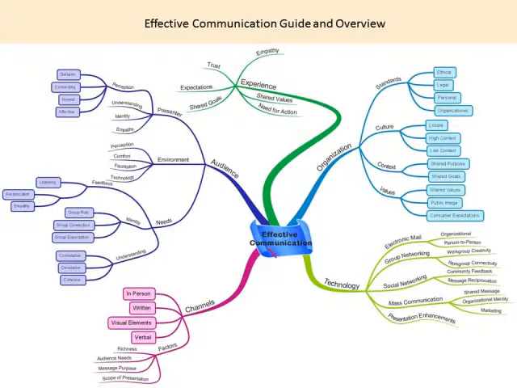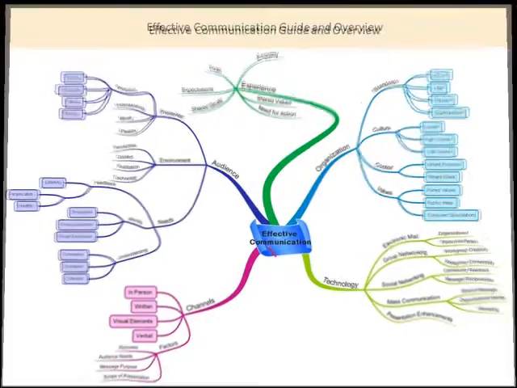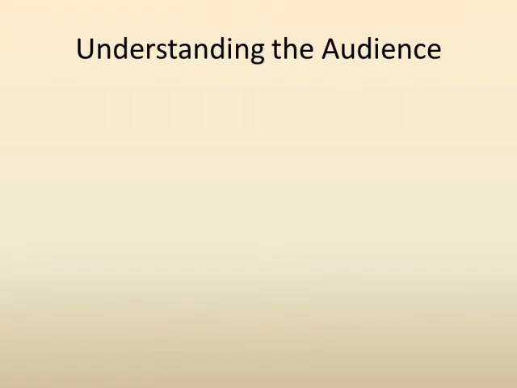The main branches of the mind map are understanding the audience, understanding the organization, selecting appropriate channels, and using effective technology. Overall, this guide is intended to help the presenter create effective communication experiences for group presentations among social change organizations. The first step in effective communication is understanding the audience.